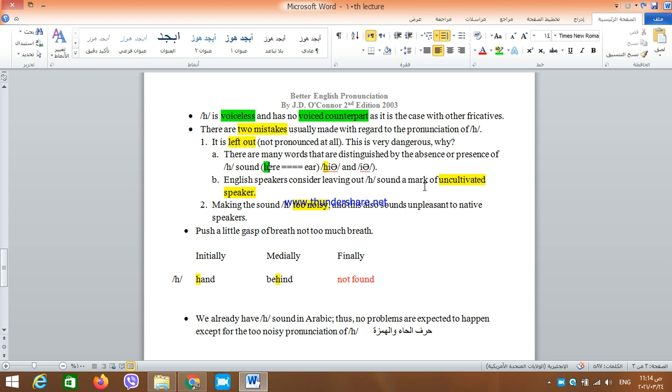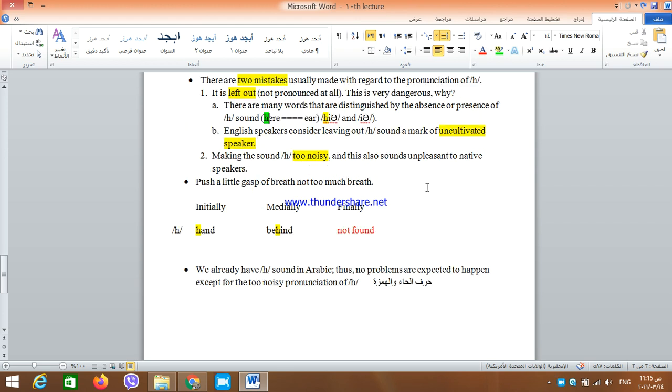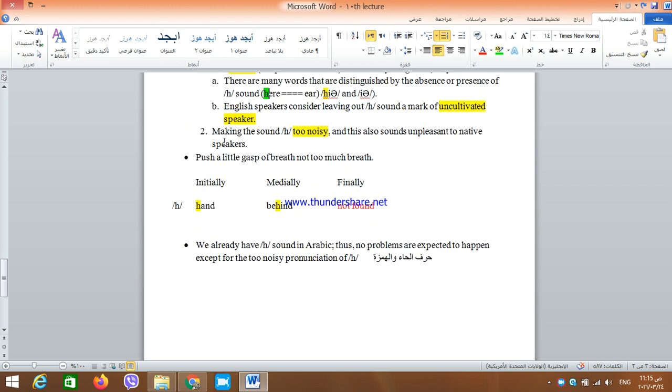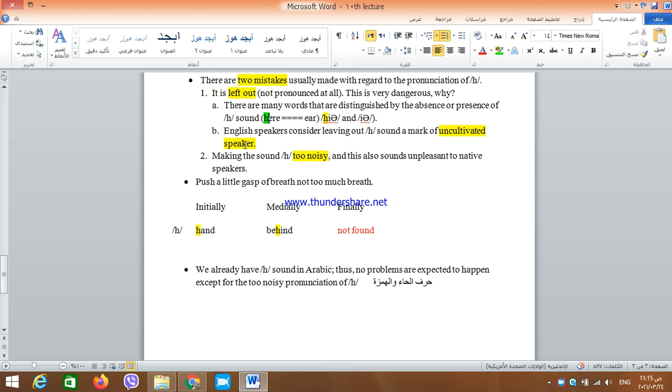Sometimes if we leave it out, the pronunciation will indicate a different word and a different meaning. The second one is that when you leave out the "ha" sound, the native speaker will think that you are an uncultivated person.